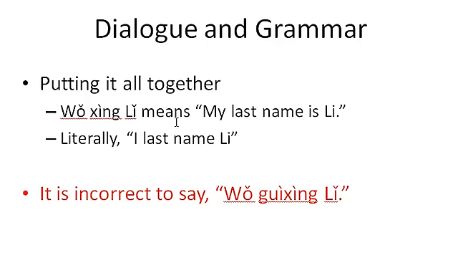But when we translate it into English, we translate it as my last name is Li. Notice there's no gui here. Gui xing, the gui is only used when asking the question. So it would be incorrect for her to respond by saying, 我贵姓李. Gui xing is only used in the question.